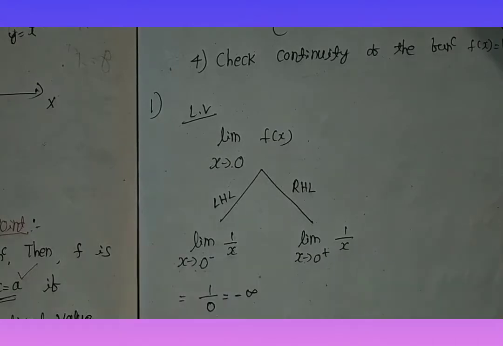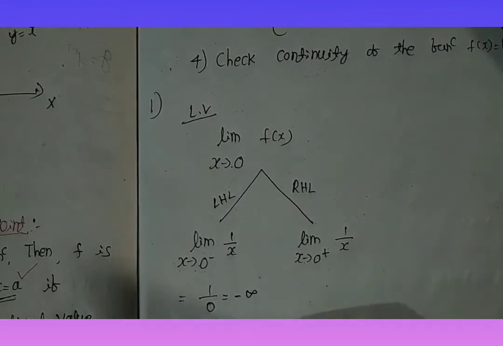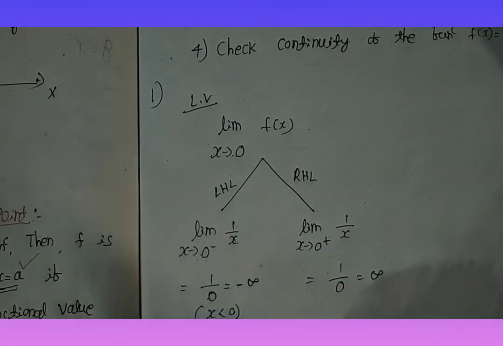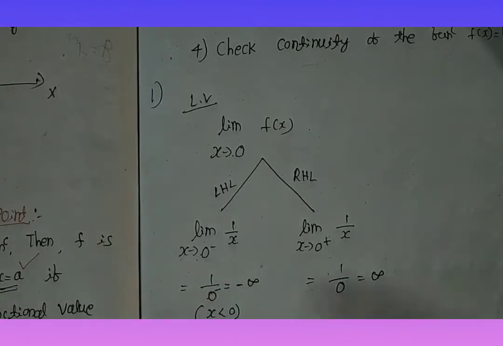Minus undefined. Why minus undefined? Because x is less than 0. It is a negative number, and here 1 by 0 is minus undefined.